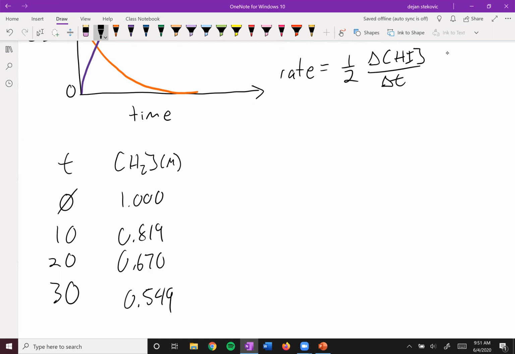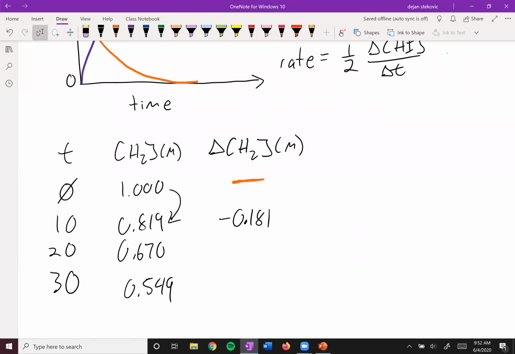Then let's think about the change in the concentration of H2. It doesn't make sense to have an answer for the first one because we haven't had any change yet. But when we go from here to here, if you subtract these two numbers, you get negative 0.181. You have a change of 0.181 molar in your concentration of H2.